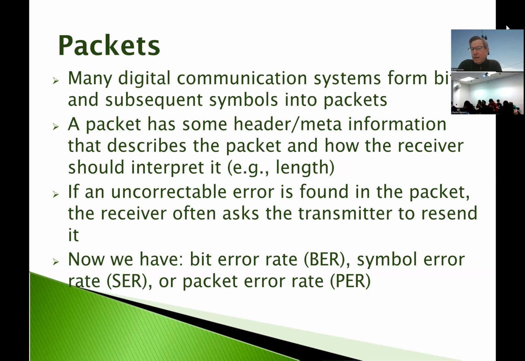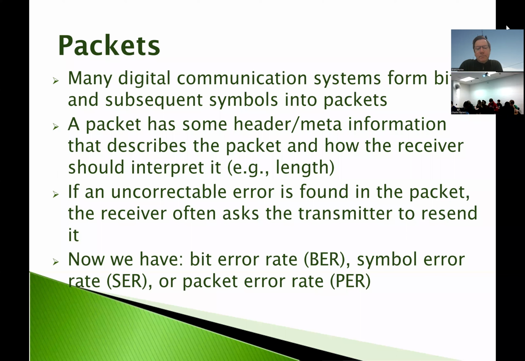So the header is usually sent in a very reliable, low probability of error modulation, like BPSK, or binary antipodal modulation. Whereas the rest of the packet might be sent in a more efficient manner, like 64-QAM or something like that.